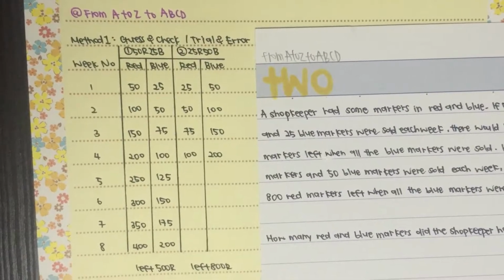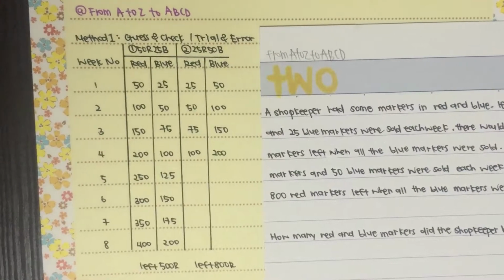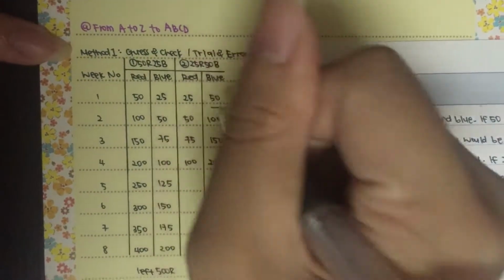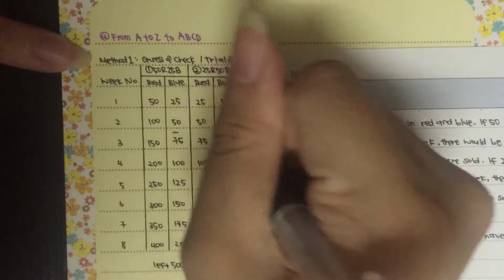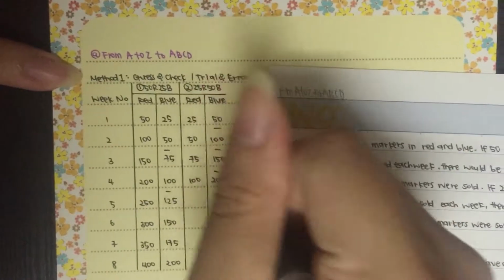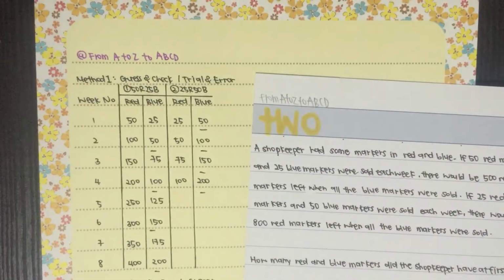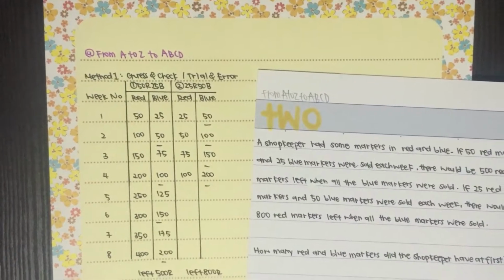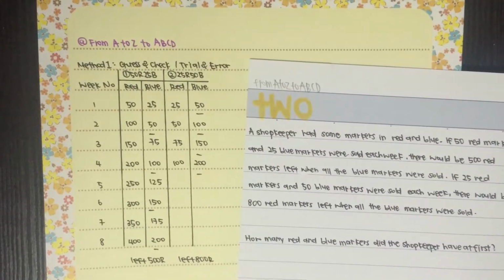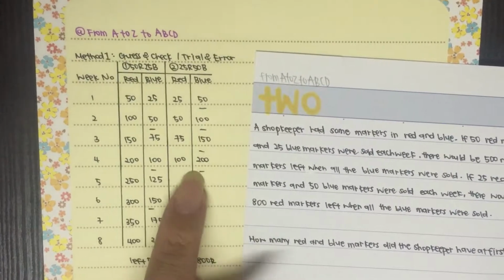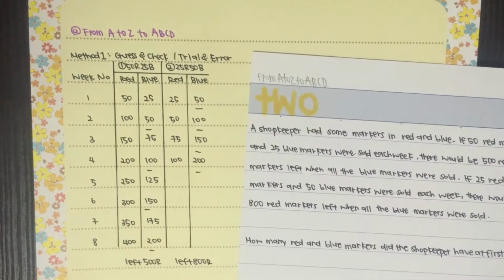Since all the blue marbles were sold, it means that the number of blue marbles in both cases should be the same. So we'll consider the case where it's 50, 50, 100, 100, 150, and 200. Just a side note, we have already done the calculation beforehand, so we actually stop at week 8 and week 4, but we explain to you how we should do it.